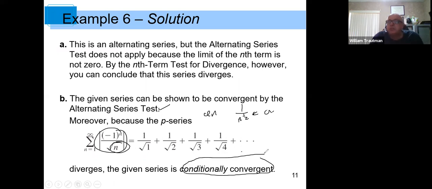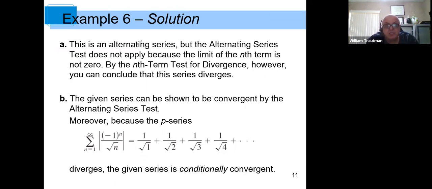It doesn't converge absolutely. Absolute convergence is if the alternating series and the a sub n both converge. But since the a sub n does not converge, but the alternating series passes the convergence test, it's conditionally convergent.